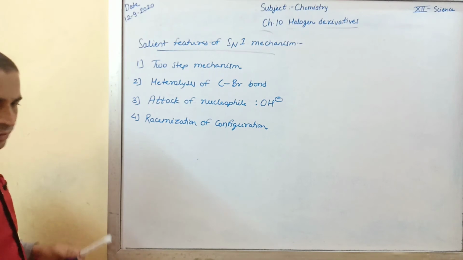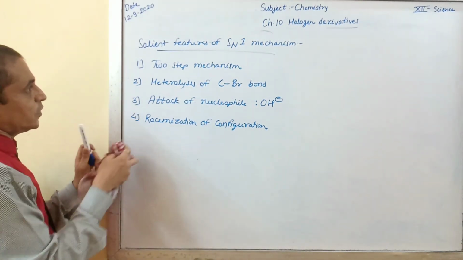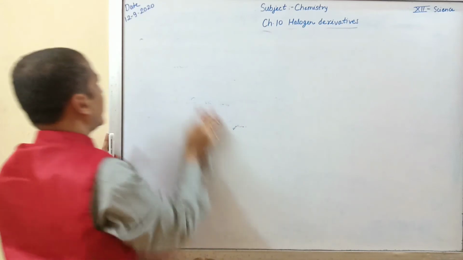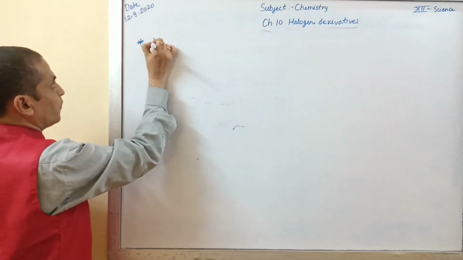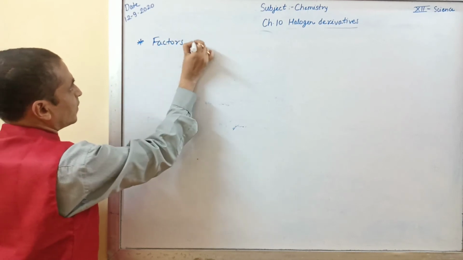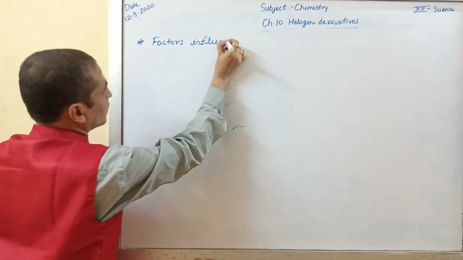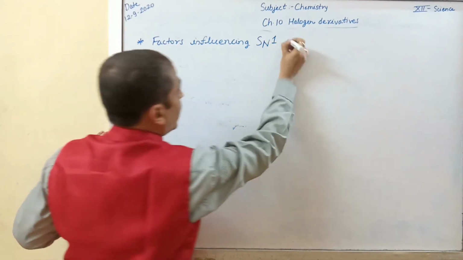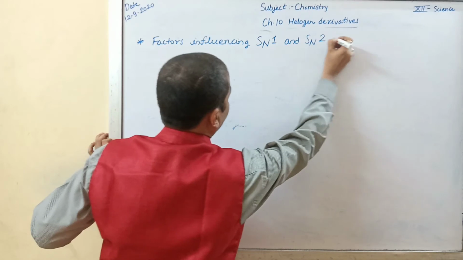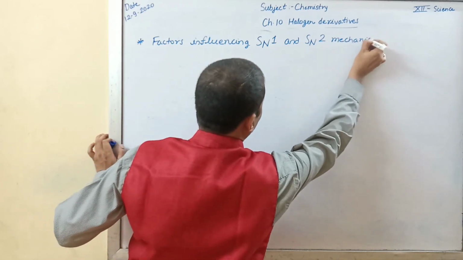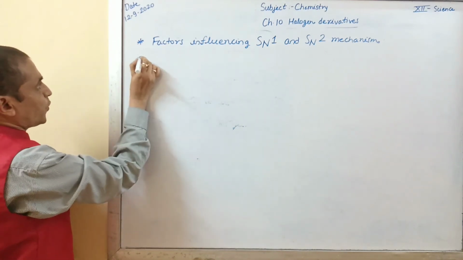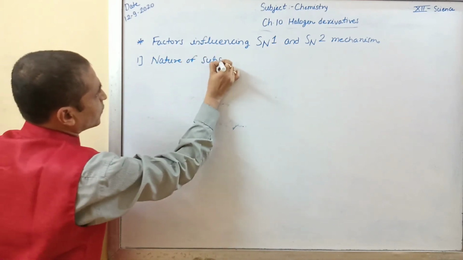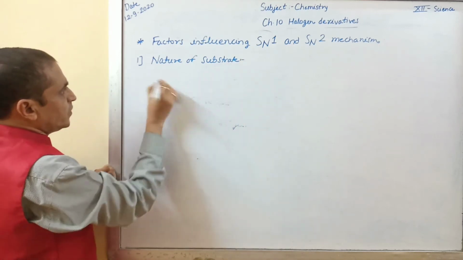Now we are going to study factors influencing SN1 and SN2 mechanism. First point, nature of substrate, which is very easy.